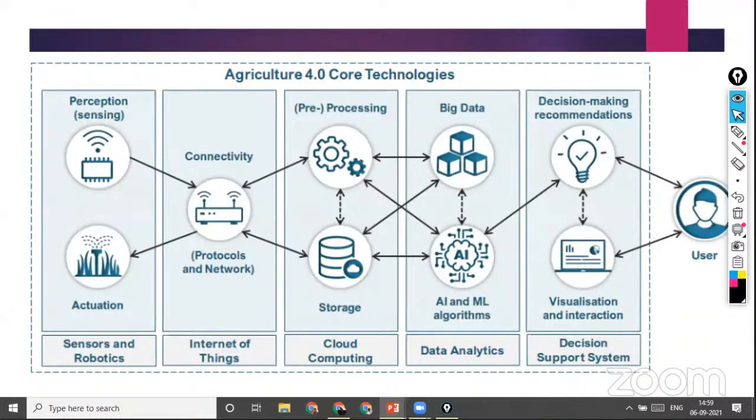And we use AI and ML algorithms to do all the analysis. The decision support system will take decisions based upon the results obtained after training using AI and ML algorithms, which is forwarded to the user. And in some systems, you can send back to the actuation systems to take some actions. Okay. These are the core technologies in Agriculture 4.0.